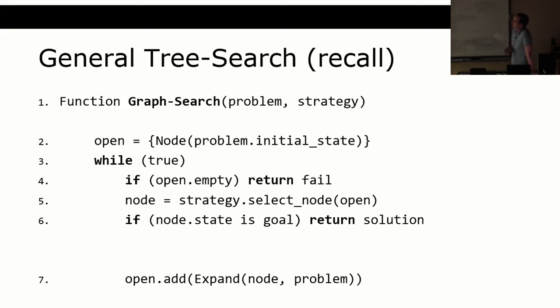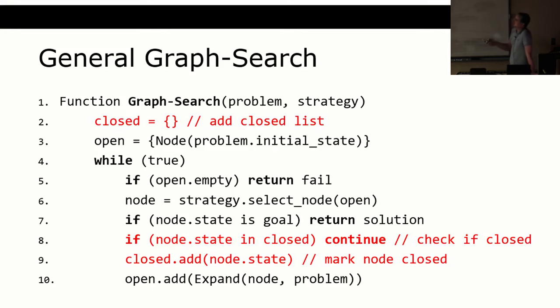In order to add a closed list to this, all I have to do is add some sort of data structure for the closed list. Maybe it's a set, maybe it's a dictionary, maybe it's just a vector, whatever, doesn't matter. And down here, if a node is not the goal, before we expand it, check to see if the state of the node is in the closed list. If it is, then continue.